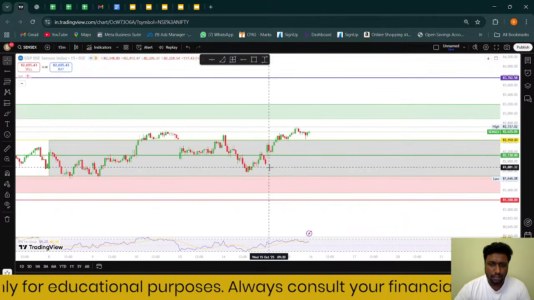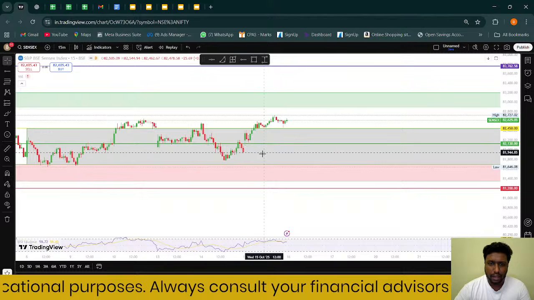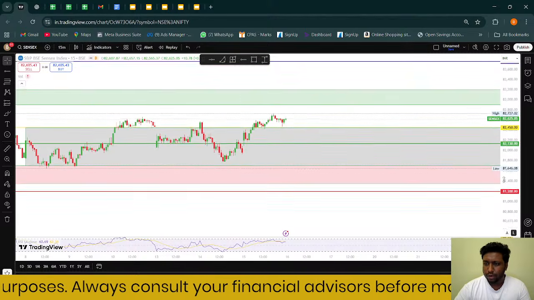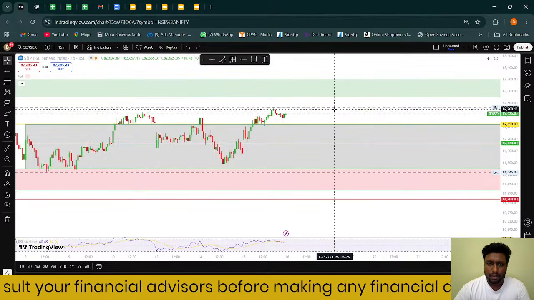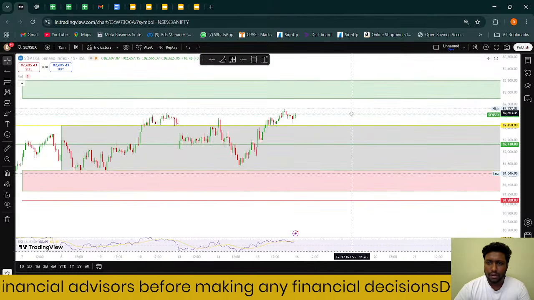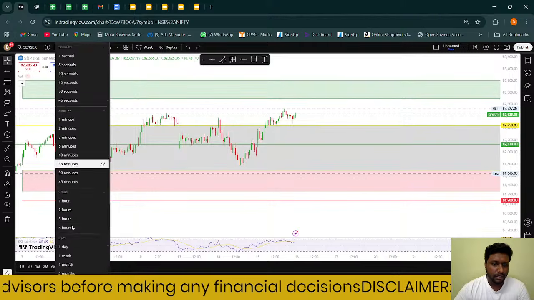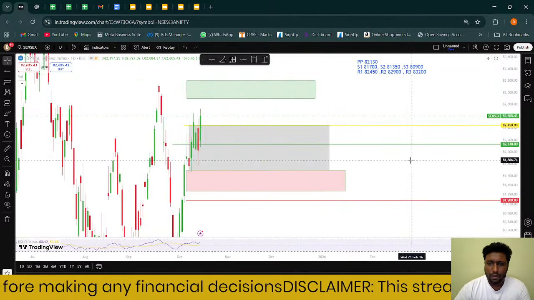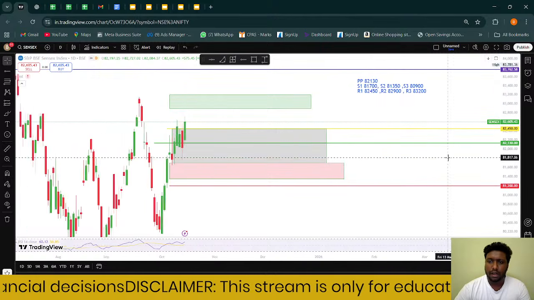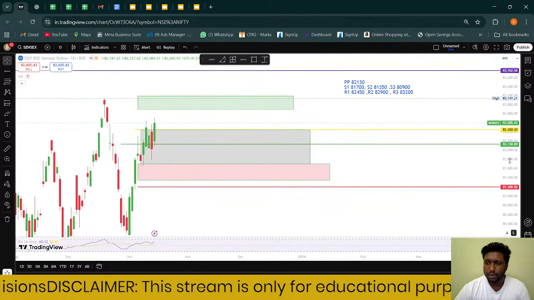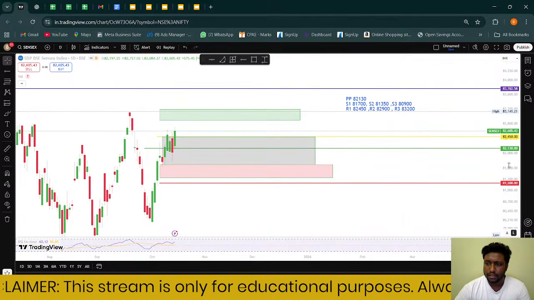This is yesterday's open. It was kind of different from what Nifty was doing. A slight difference was there, but the movement was also kind of bad in Sensex yesterday. But anyway, we got our breakout above this R1 level, which validates our bullish continuation in Sensex also.